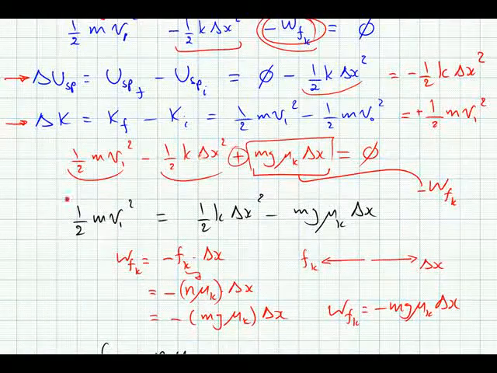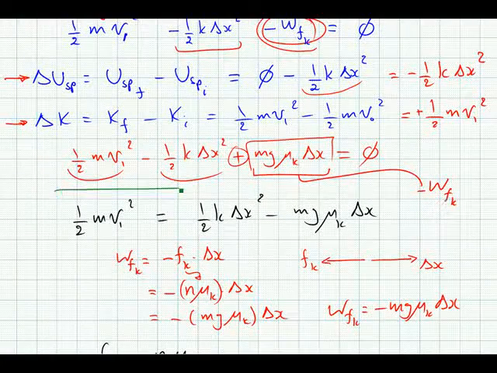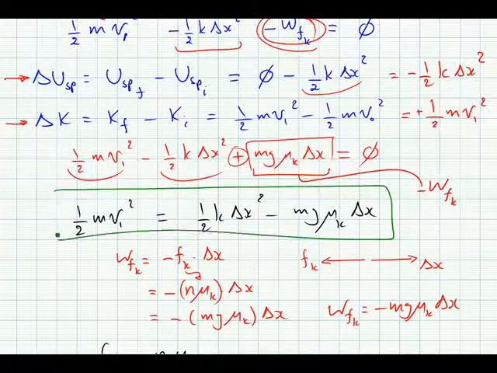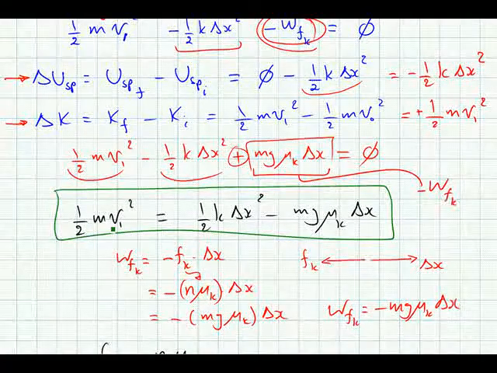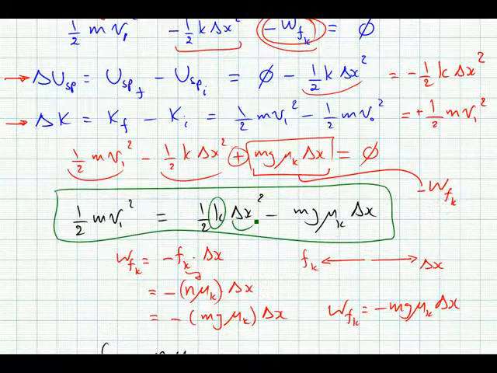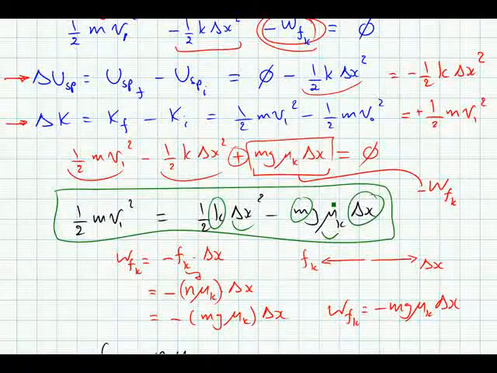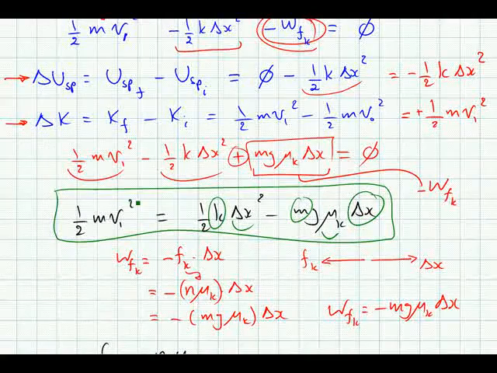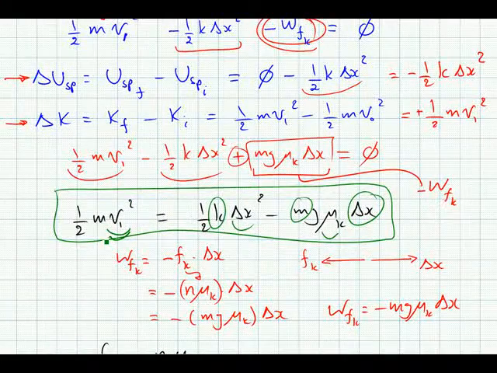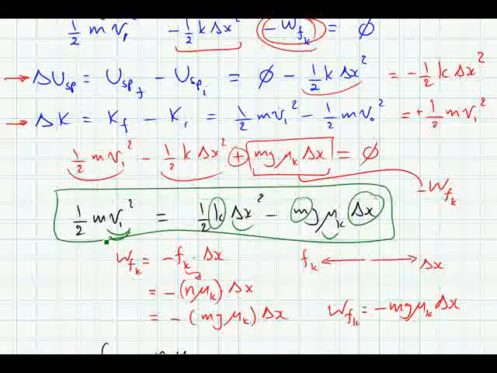Okay, so now you can go ahead and solve for the velocity, because our expression has 1/2 of mass times velocity final squared. The k value we know, delta x we know, mass we know, mu k is given, so the only unknown is the final velocity v1, which we can solve for.